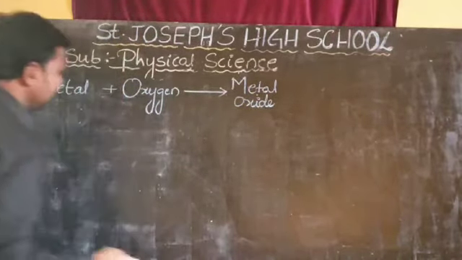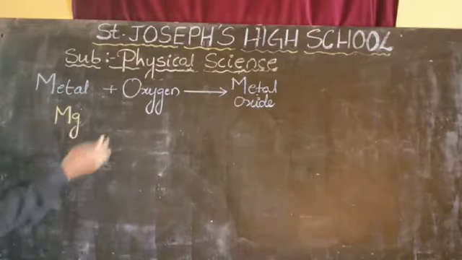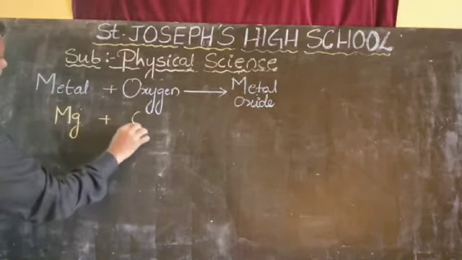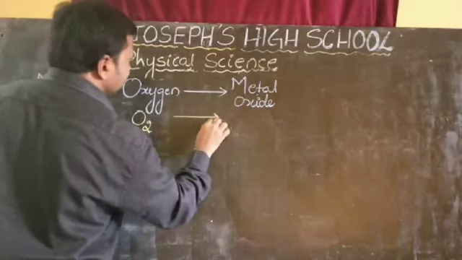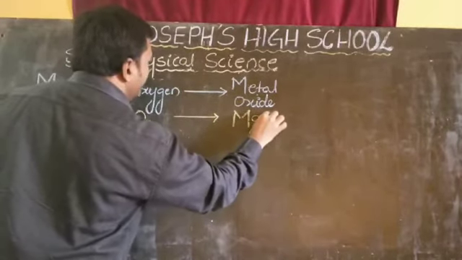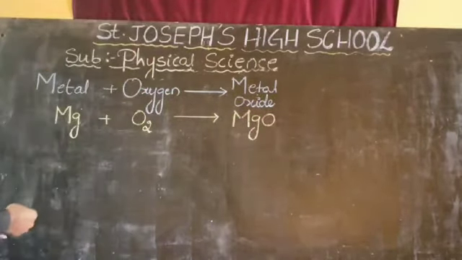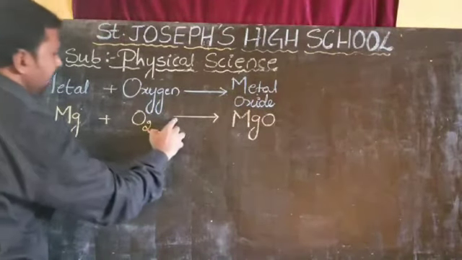Example: metal is magnesium, reacts with oxygen, gives rise to magnesium oxide. Magnesium oxide.